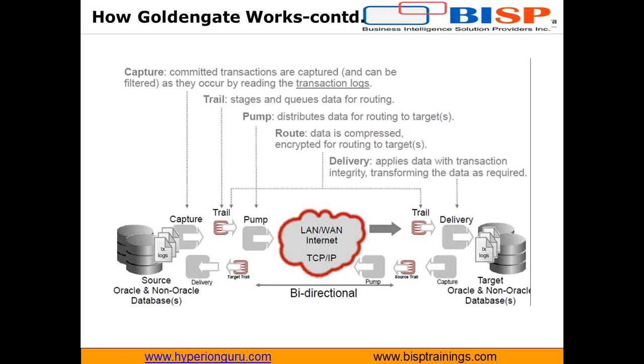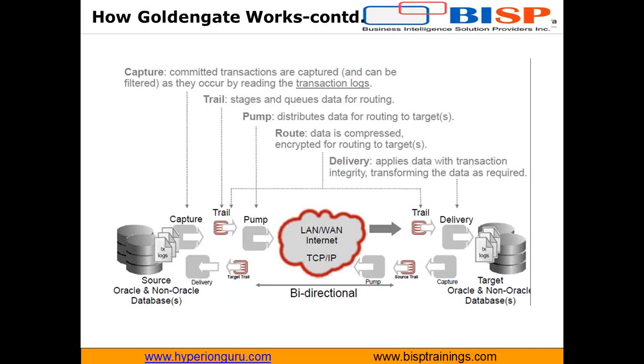In case of bidirectional, the capture process now would exist on the new source. There would be a set of source trail existing on the new source, and the data pump will read your local trail and send it over the TCP/IP network to the new target. Now the target trail will contain the data, and the replicat process will read the data out of your new target trail and apply it to the new target.